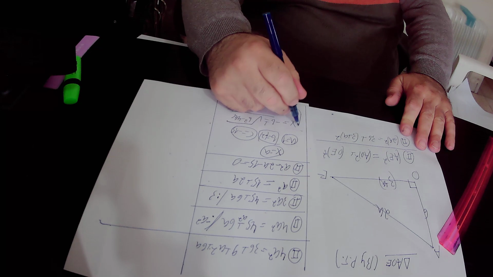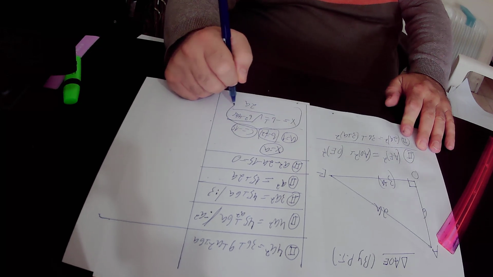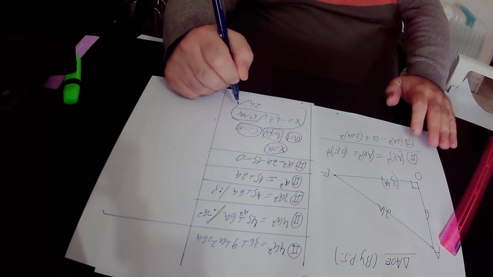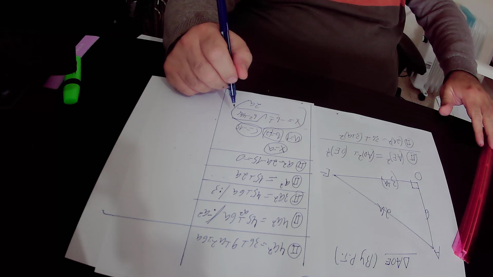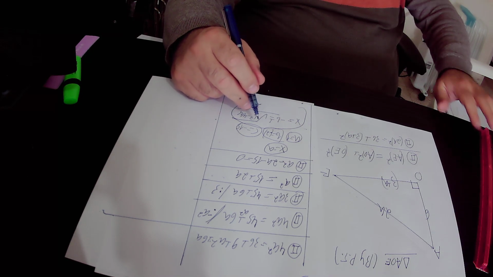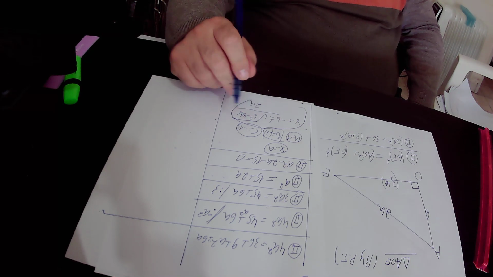Now we put the data inside the general formula and we find out the value or the values of x, because here the missing variable is a, so x equals a.